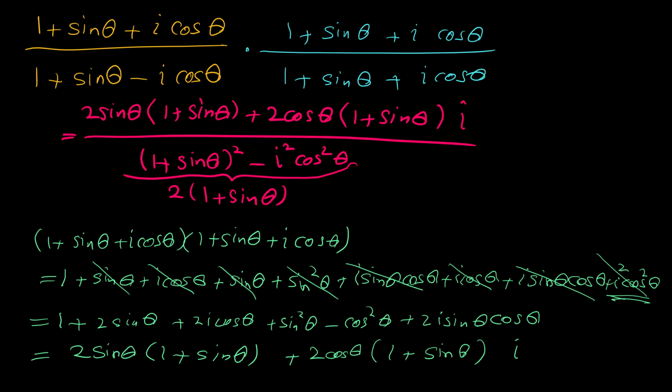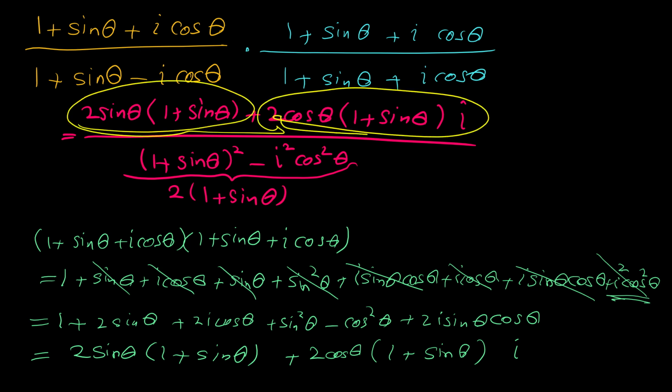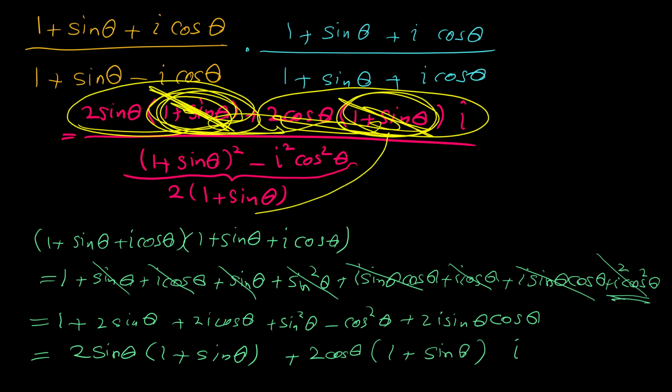As you can see, in the numerator, in this term and in this term, we have 1 plus sine and 1 plus sine. So we can factor this 1 plus sine from the numerator and cancel it with the denominator.